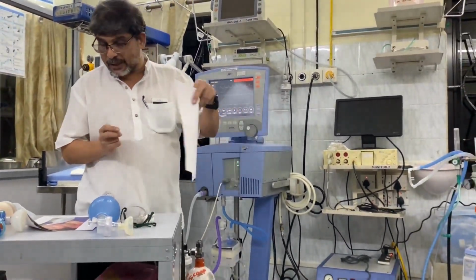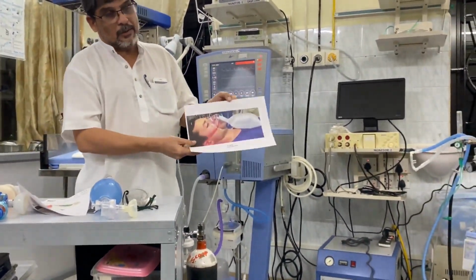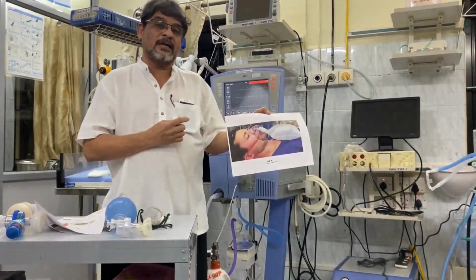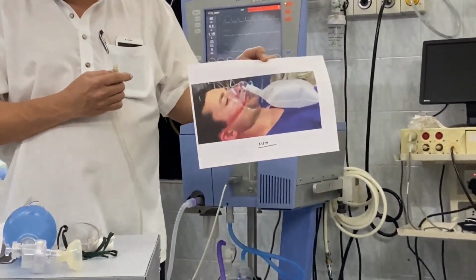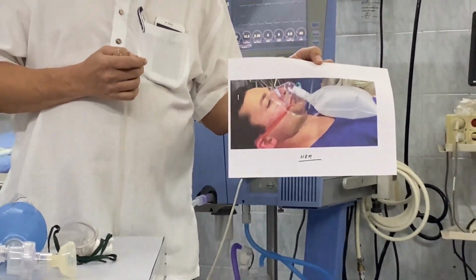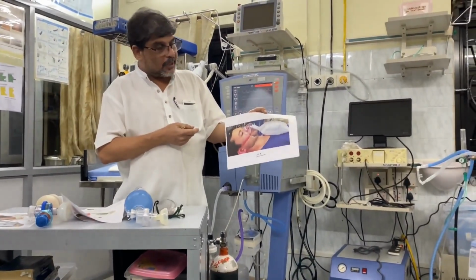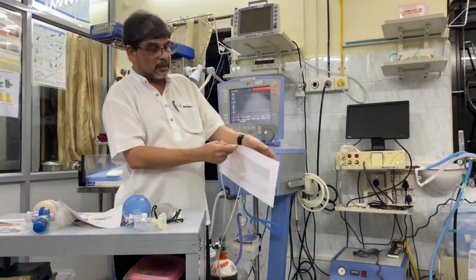Then there is something called a non-rebreathing mask. You must have heard most intensivists, when you ask them about your relative, how is he doing, say he was on free flow oxygen by mask, now he is not maintaining oxygen. We tried a Venturi mask and we are not happy, and now he is on a non-rebreathing mask.